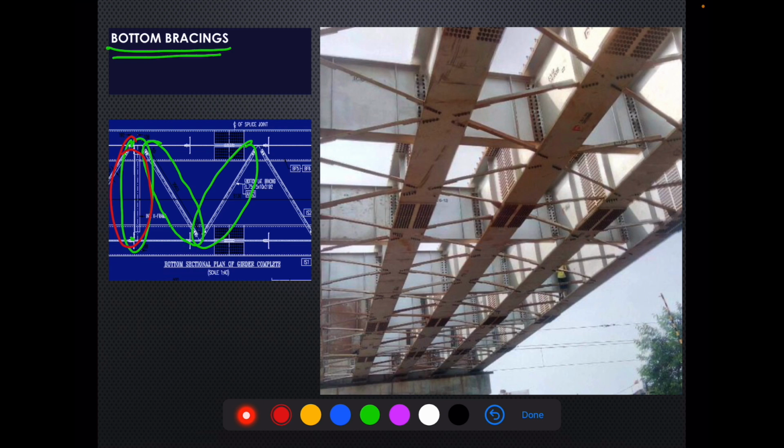So that's why we are taking an example of a road bridge where we can see the bottom bracings. Actually, this is how bottom bracings are provided in the plate girder also. So this is just a representative kind of photo.